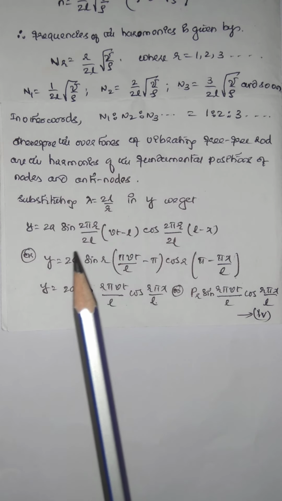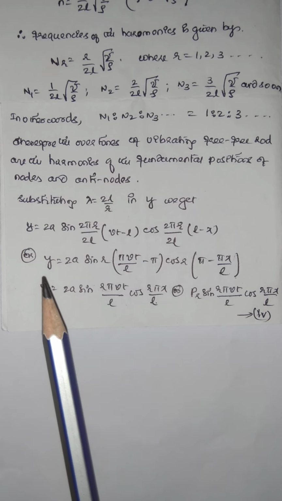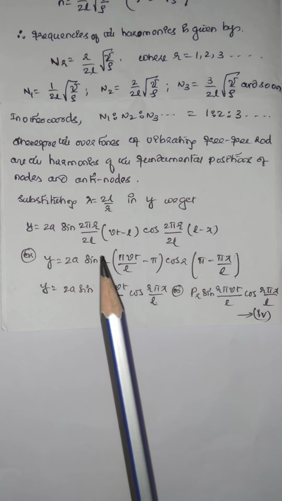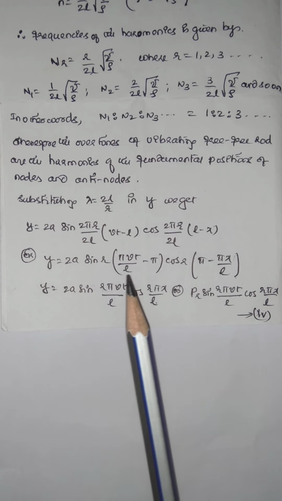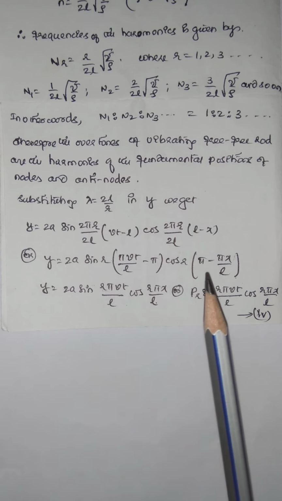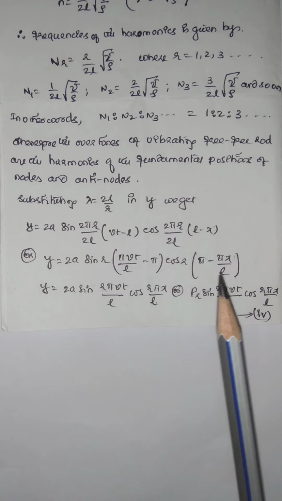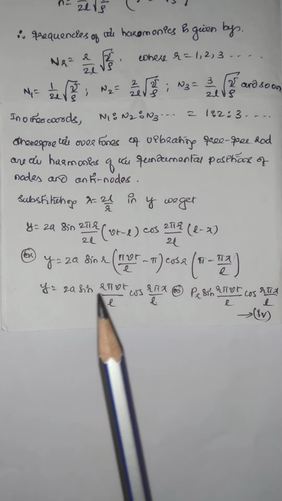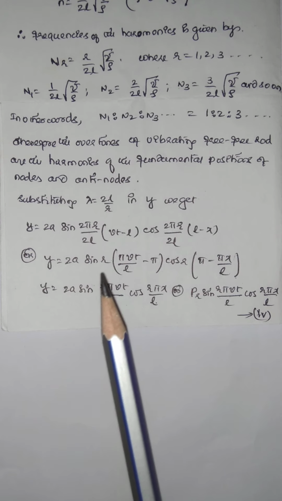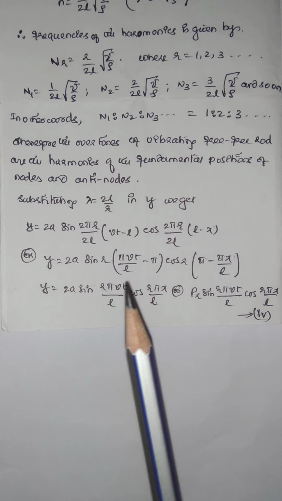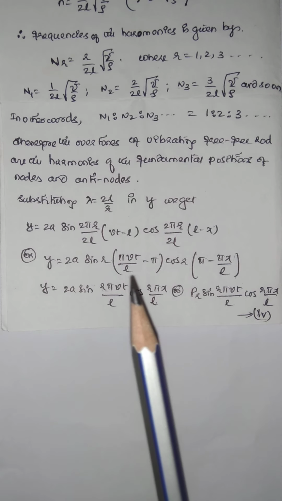Then on simplification, you get y is equal to 2a sine r pi Vt by L minus pi into cos r pi minus pi x by L. Or it can also be written as 2a sine, this is given by sine of 180 minus theta. Sine of 180 minus theta is given by sine theta.